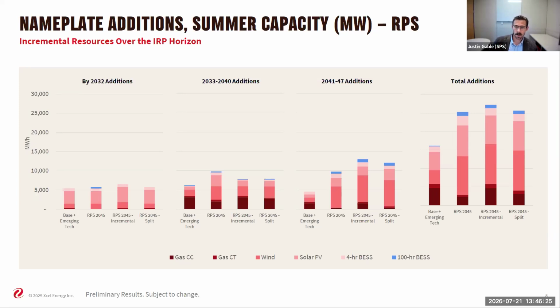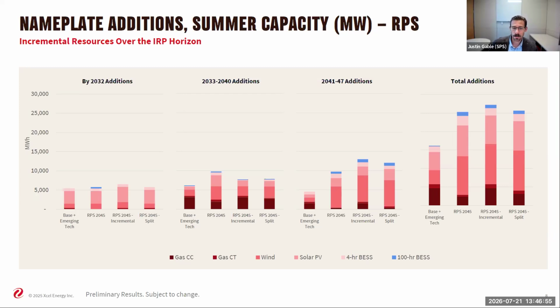Future IRPs will continue to look at this scenario, and there's opportunity to move forward in both our RPS 2045 split scenario and our base emerging tech, which are very similar looks right now. So progress towards the RPS 45 requirement is well within what our expectations are for future RFPs related to this IRP.